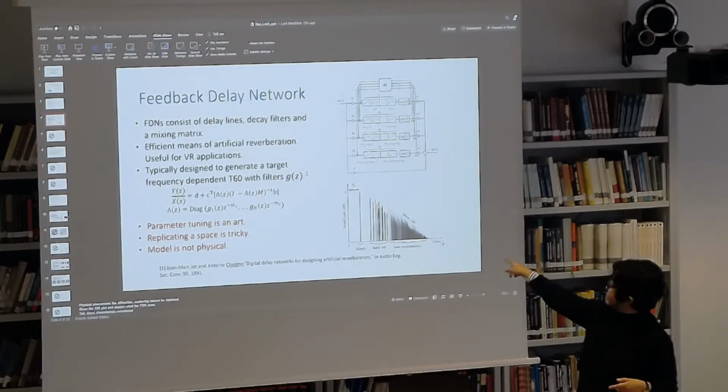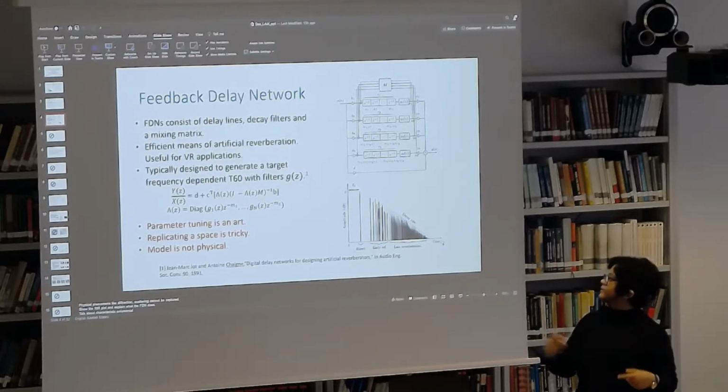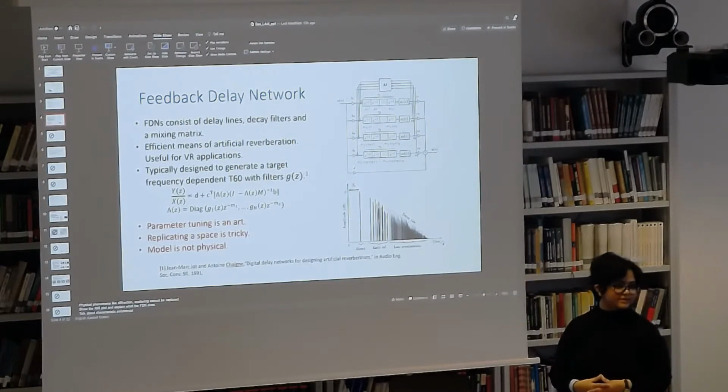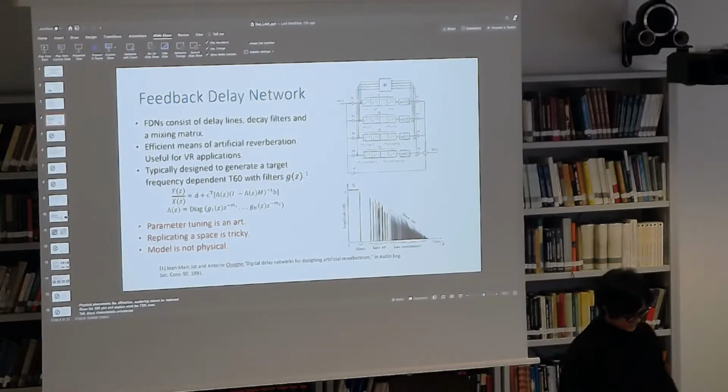That is when you get this late reverberation. So as time passes, the network will give you late reverberation after a certain point. That's a very bad introduction, but you can read this paper, which explains it better.